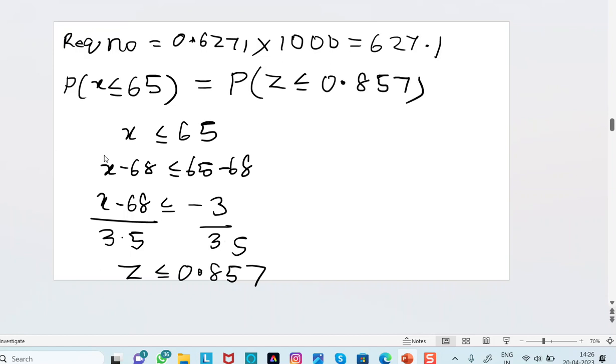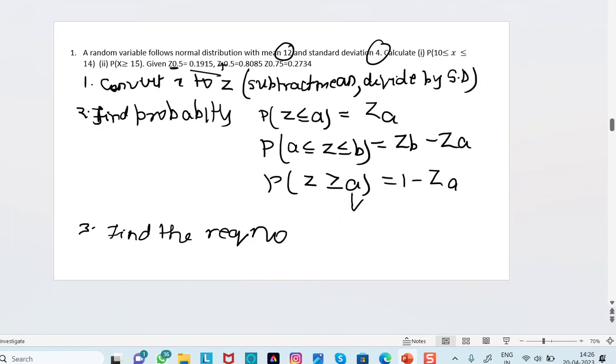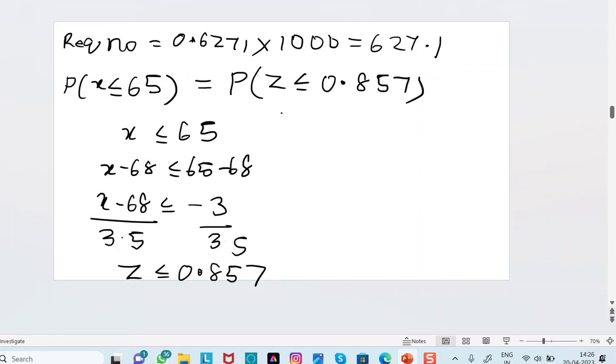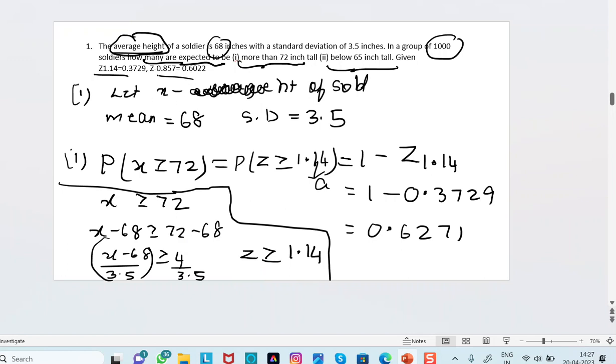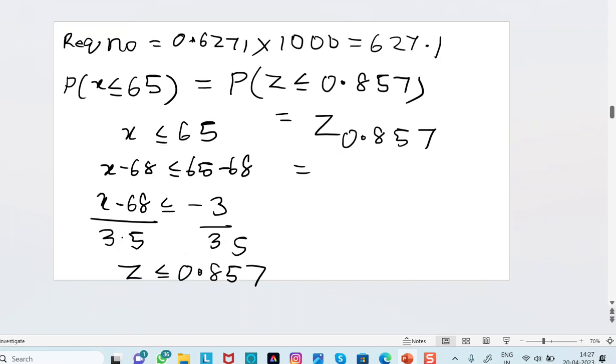Now using the formula I mentioned, we use P of Z less than or equal to a as Z of a, so this will become Z of 0.857, and Z of 0.857 is given in the question as 0.6022.